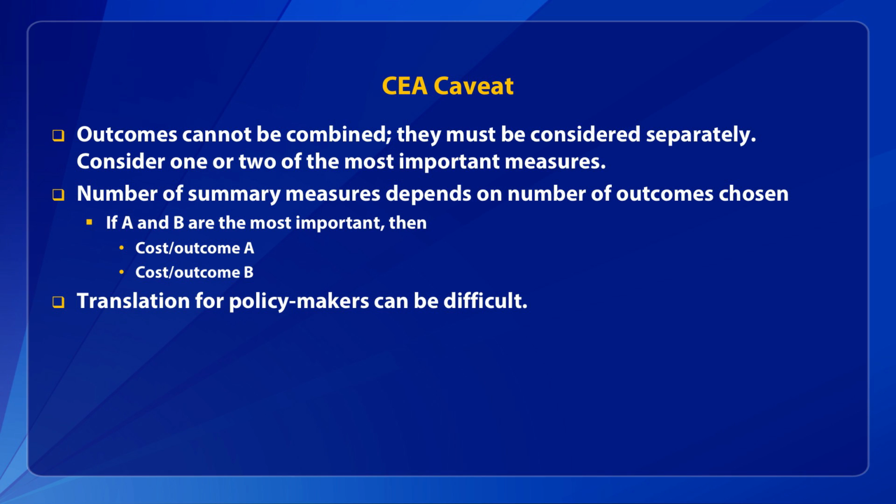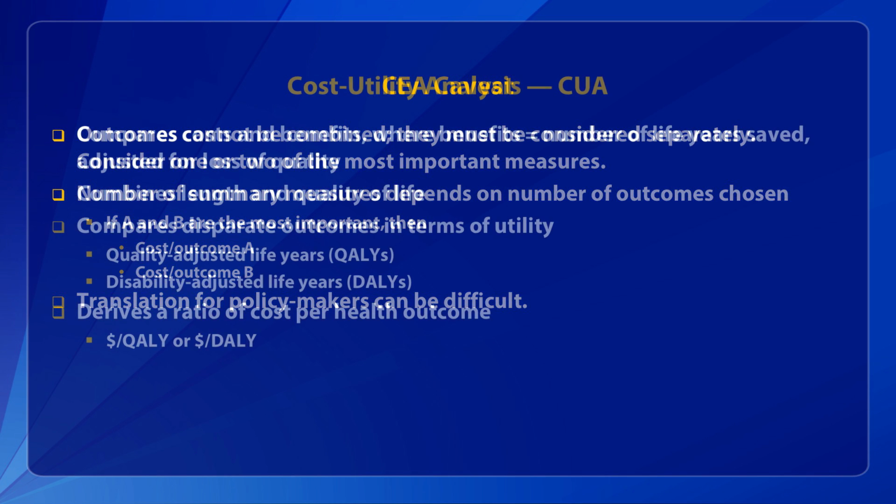Because these two effects can't be combined in a cost-effectiveness analysis, the summary measure for the analysis would be cost per 1% reduction in blood pressure and cost per 1% decrease in body mass index. However, the cost in these two summary measures is the same, so the ratios are somewhat misleading. This makes cost-effectiveness ratios using natural units difficult for policymakers to translate.